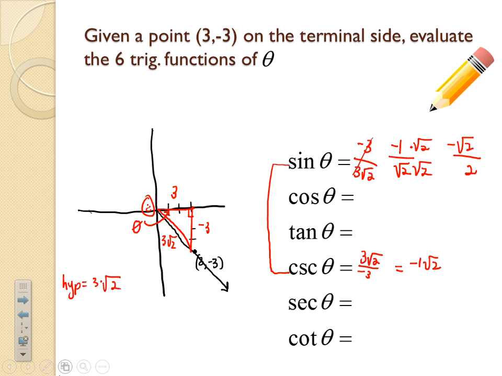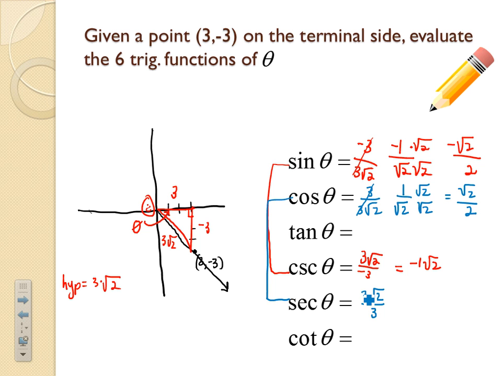All right, now I can do cosine, which is adjacent, which is 3 over hypotenuse. Same thing, I'm going to go ahead and do my secant, 3 square roots of 2 over 3. I'm going to then simplify this because 3 and 3 cancel to make 1 over the square root of 2. Multiply the top and the bottom by the square root of 2, and I get square root of 2 over square root of 4, which is 2.